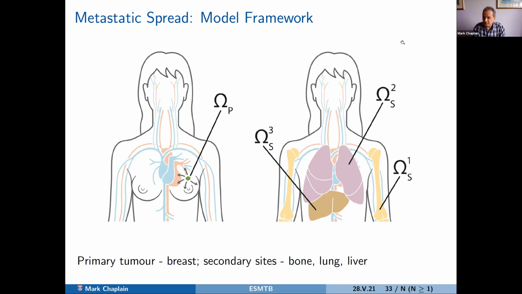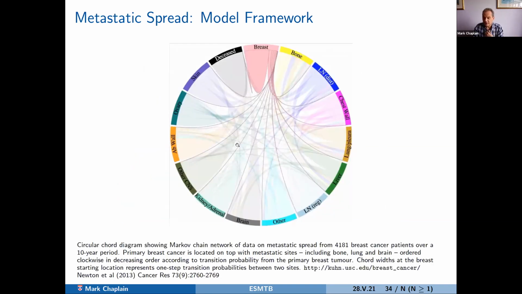And for the purposes of the work that we did, we connected with a very nice piece of work in the United States from breast cancer patients. And so we have a primary grid which represents breast cancer, and then secondary grids representing the lungs, the bone, and the liver. And that was all driven by this nice study from 2013 in Texas in the United States.